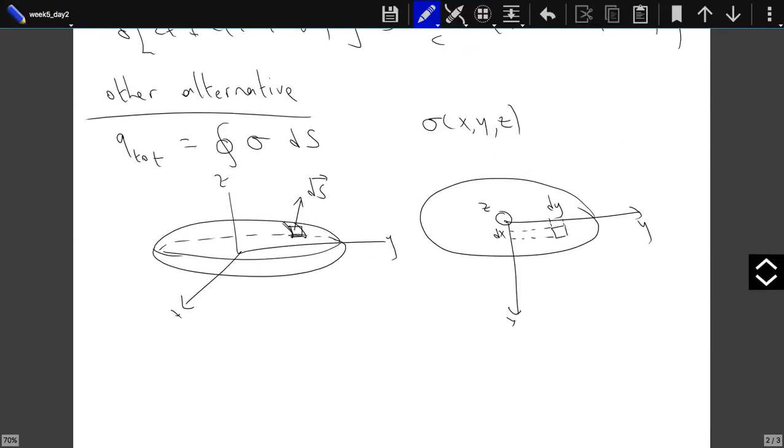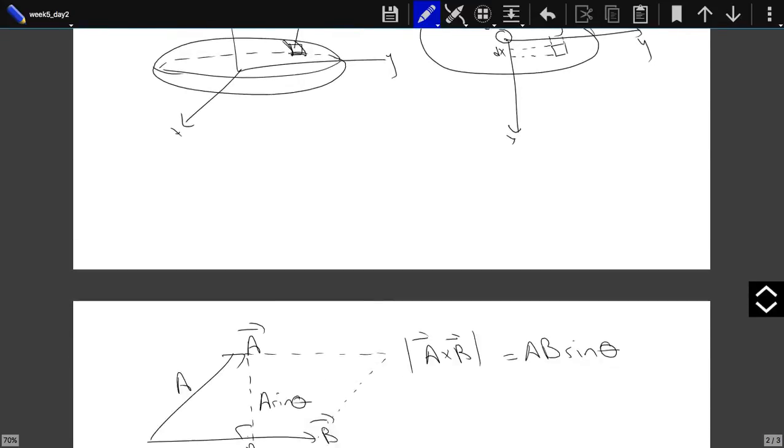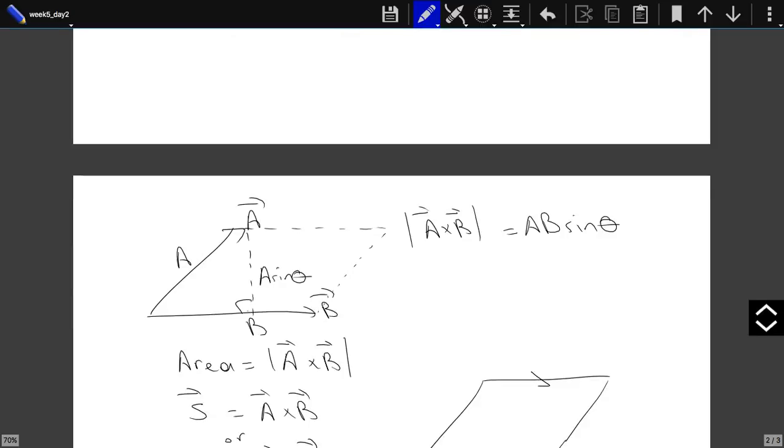Now let's come back here. So we know how to calculate areas using vectors, including their direction. We can even define their direction. Now, what was our problem? We had the surface over here. We took some patch over here. We are trying to calculate this area.